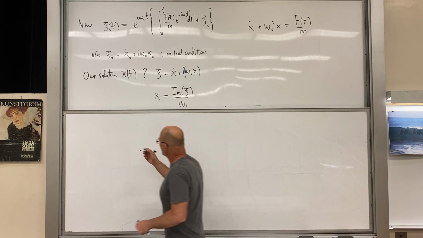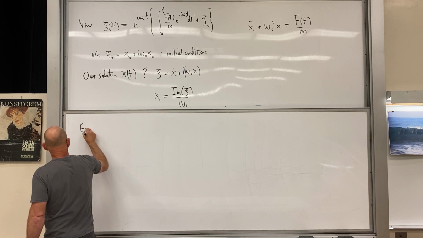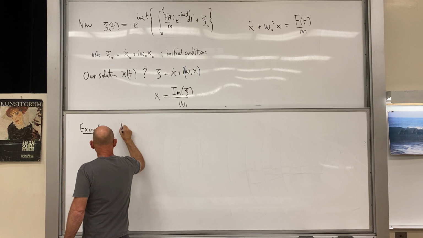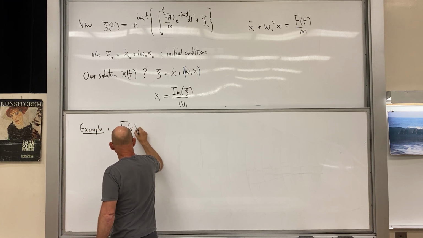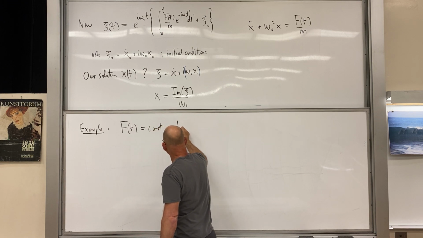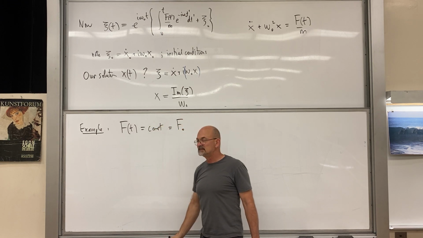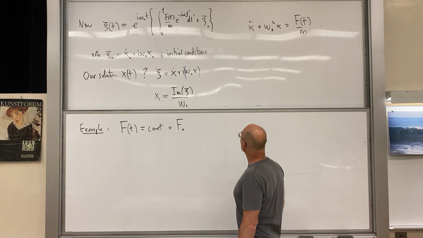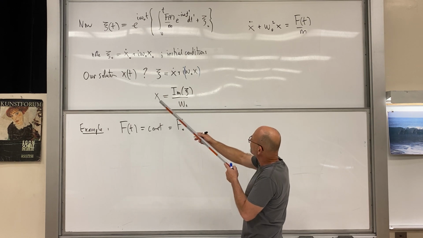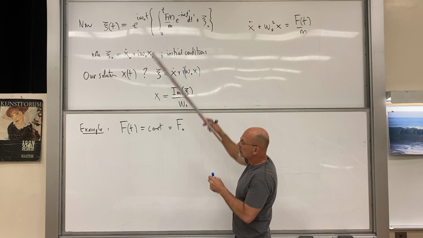Okay, let's write down our example. F of t is simply equal to a constant. We'll just call it F naught. Okay? So we've got a constant there. Everything that we have to do is up here, so we're going to go straight to this integration.